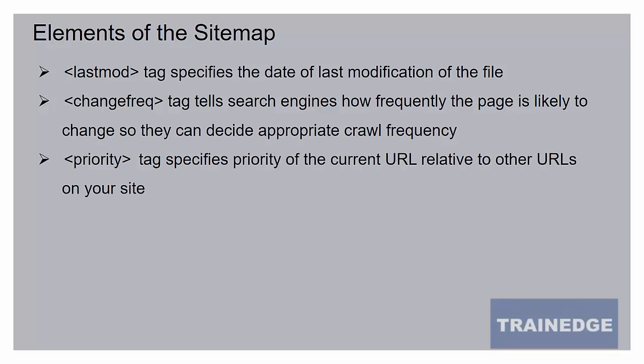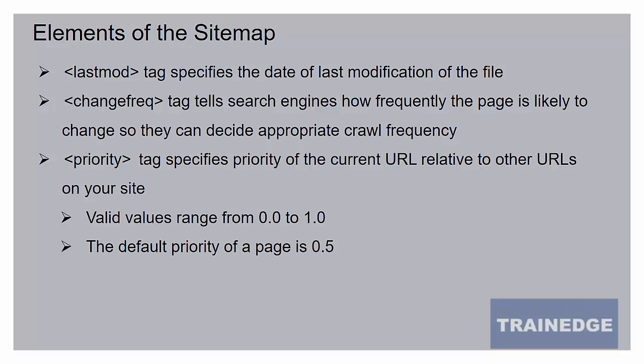The priority tag basically prioritizes different pages on the site for the search engine. A high priority for a page means it is more important in the context of the website. The priority value ranges from 0 to 1, and the default priority, if you don't specify it, is 0.5.